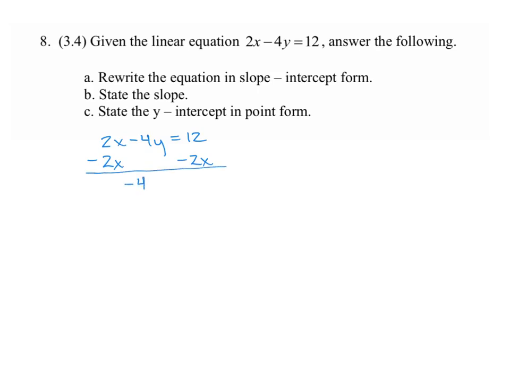I want to rewrite this with my x term first, so we're going to get negative 2x plus 12. And finally, to get y by itself, I divide each term by negative 4. So we get y equals, we want to simplify. My negatives cancel, and if I simplify the fraction, I get 1/2 x. 12 divided by negative 4 is negative 3.